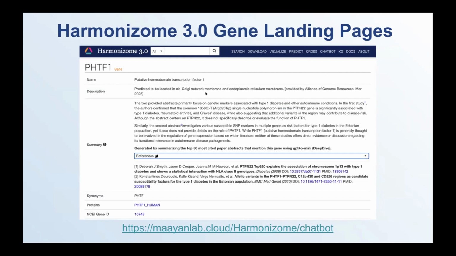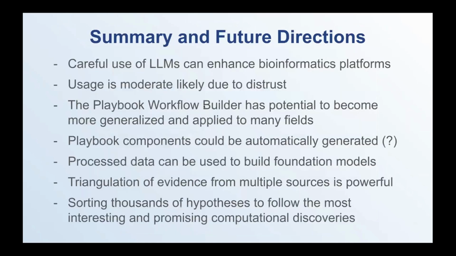We give the top cited articles for each gene to ChatGPT, and then we ask it to summarize those top 50 most cited papers that mention the gene to find information about the gene. And then it does a really good job with citations describing the gene. It does a better job than the descriptions that we get from NCBI. So this is Harmonizome and the stuff that we're doing with that.